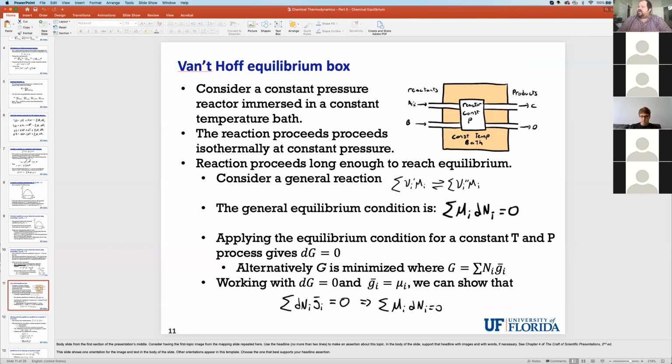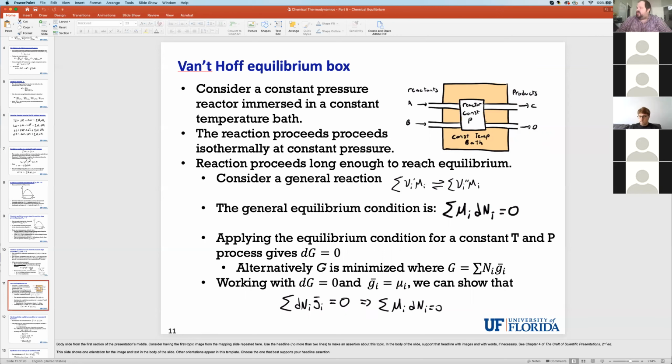We have some reactants A and B coming in through tubes, there could be A, B, C, D, E, F, G, and we have some products coming out. This constant pressure reactor is large enough that it can reach full chemical equilibrium after the products leave our box.